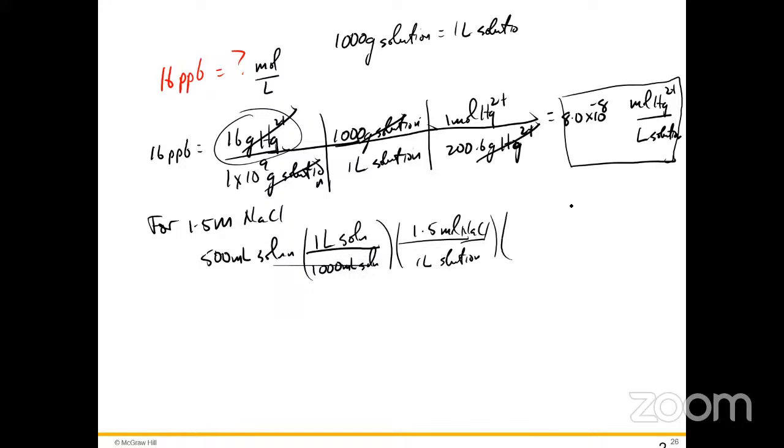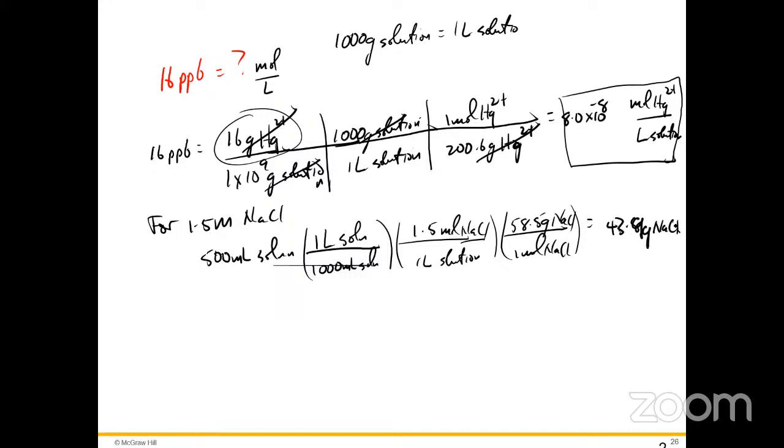And then I multiply this by the molar mass, which is 58.5 grams of sodium chloride for every 1 mole of sodium chloride. And then I do the number crunching, which is 500 divided by 1,000 times 1.5 times 58.5. So according to my calculation, this works out to be equal to 43.9 grams of sodium chloride.